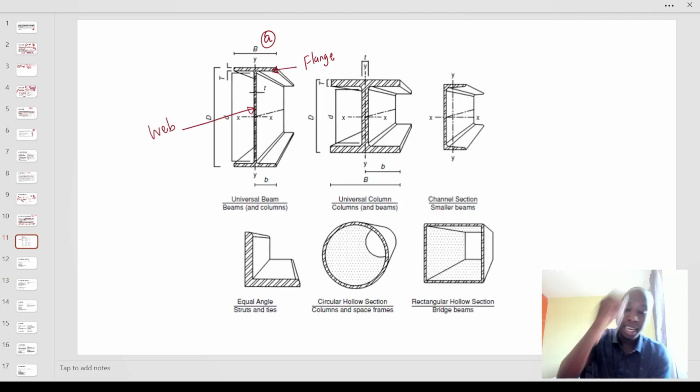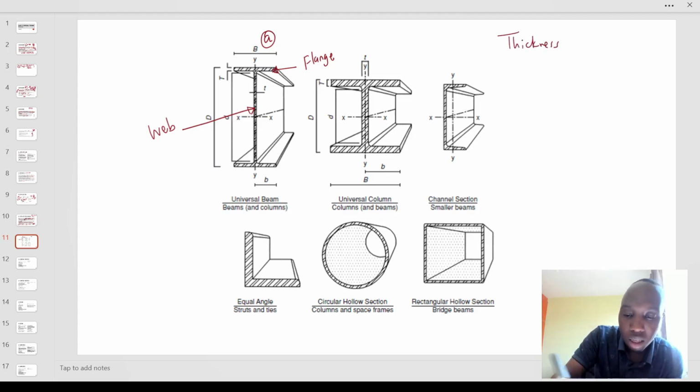So the thickness of the flange is capital T, and the thickness of the web is small t. It's important for you to know that.